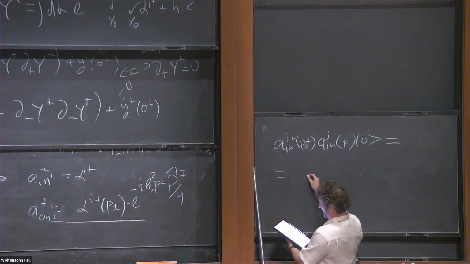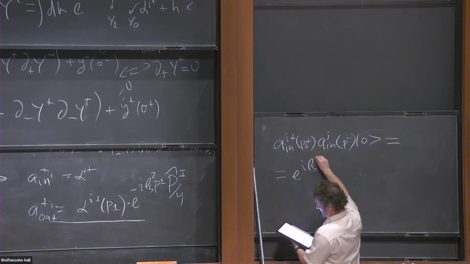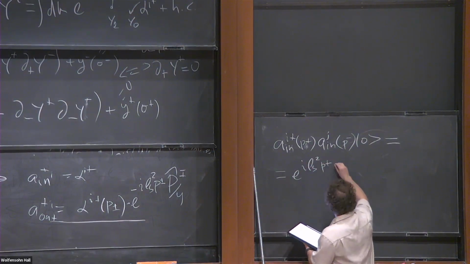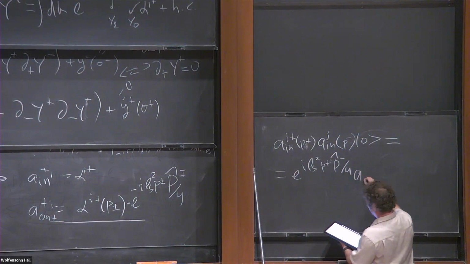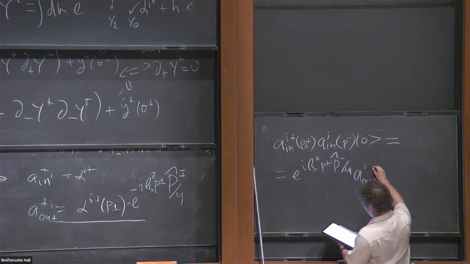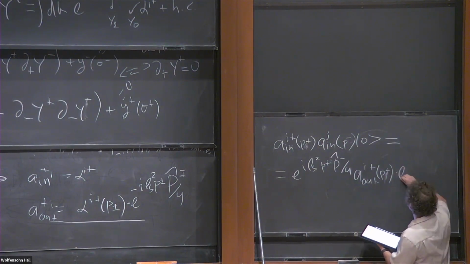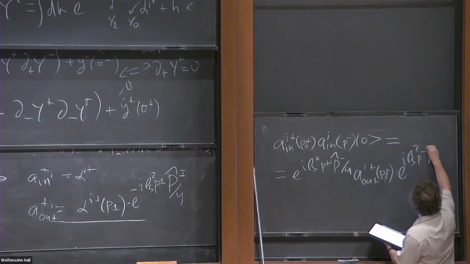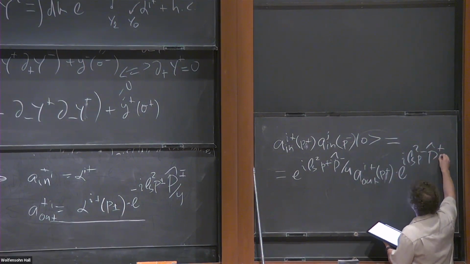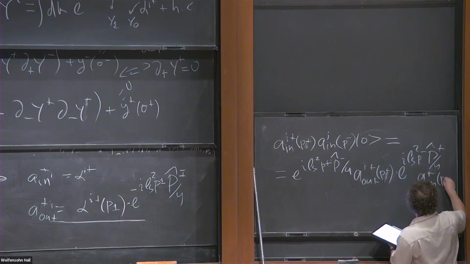So this becomes e to the i l squared p plus minus over 4 a out on the vacuum, times the same e to the i l squared p minus plus over 4 a in of p minus on the vacuum.